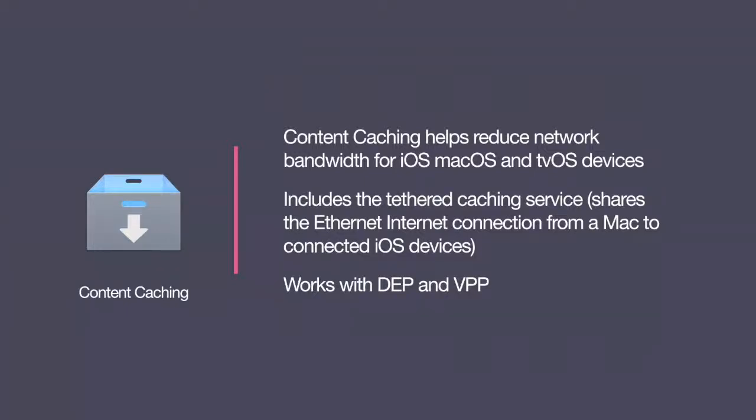So when you're preparing a lot of iOS devices, this actually makes this process faster. If you need to access tethered service on macOS, you could run sudo tethered-caching from the command line. The content caching service works with device enrollment program and volume purchase program, and content cache is built into macOS.